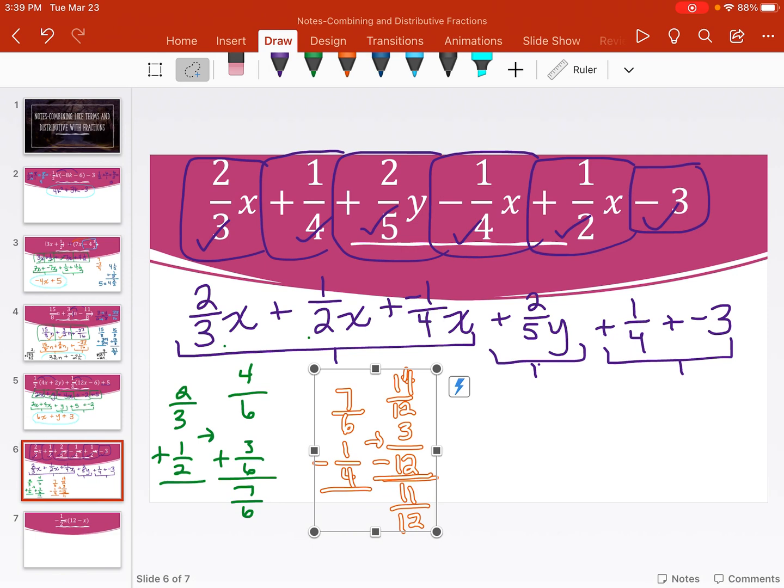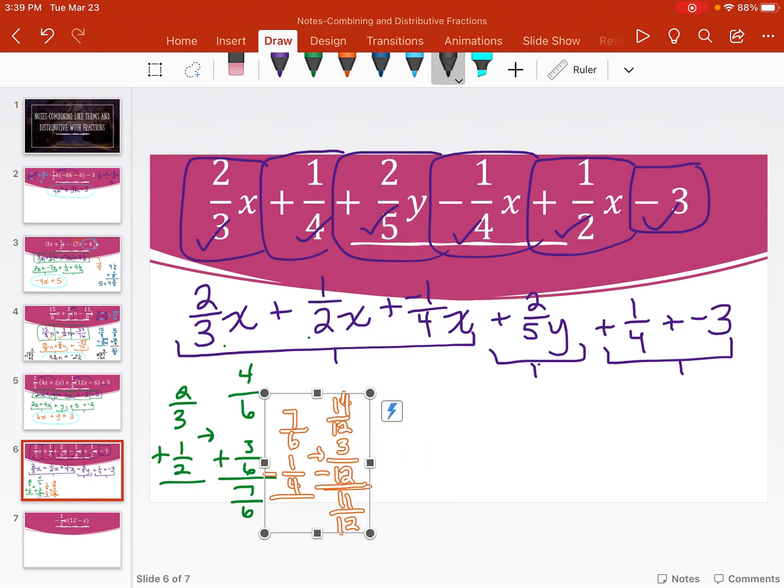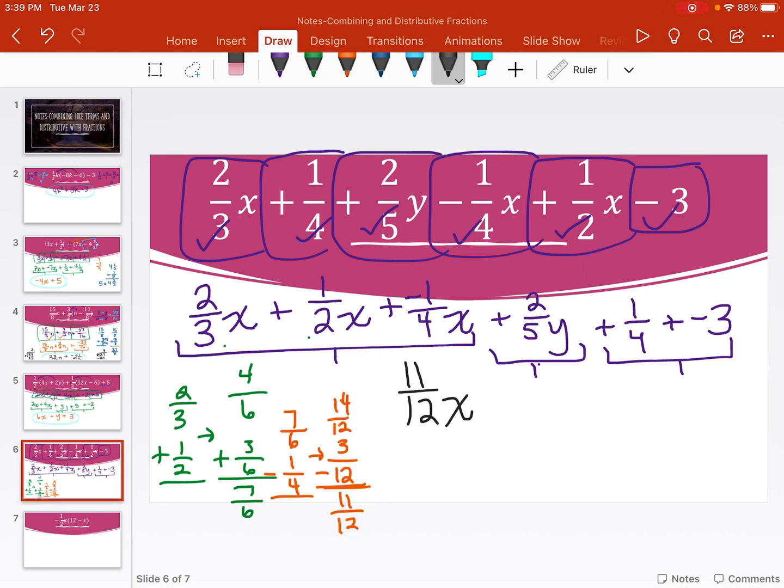I'm going to scoot these things out of the way a little bit so I can write my numbers up here. So I got 11 twelfths x plus my 2/5 y. And then I had 1/4 plus -3, different sign subtract, so it's really 3 minus 1/4. This part's always a little bit tricky for people because we have to borrow. So I'm going to rewrite 3 as 2 4/4.